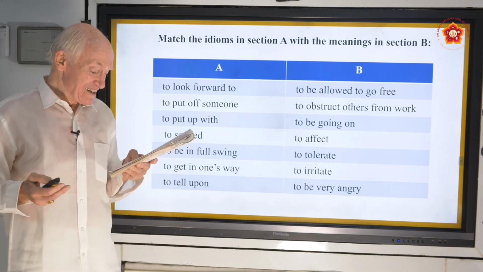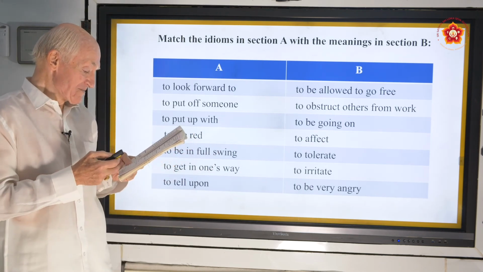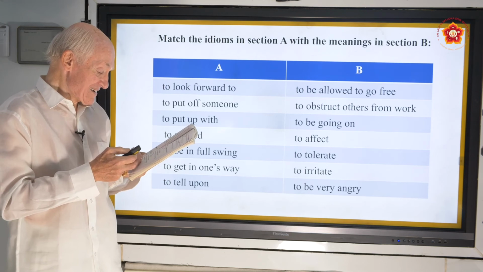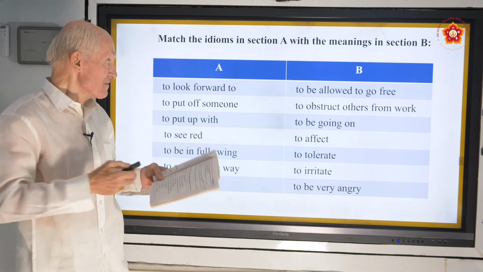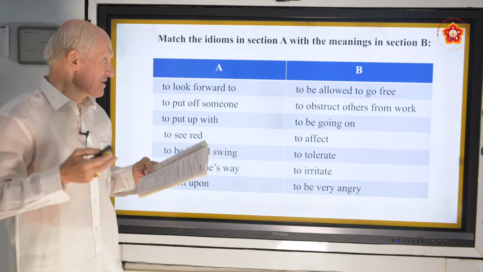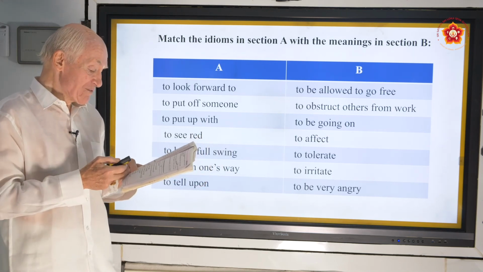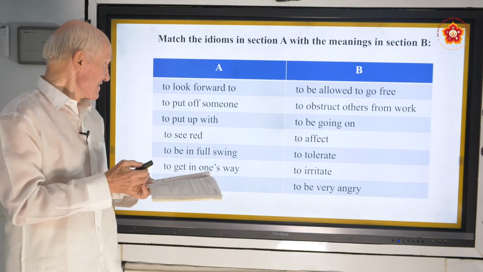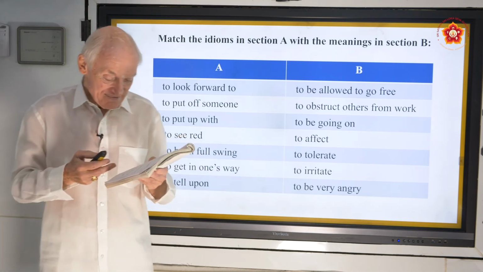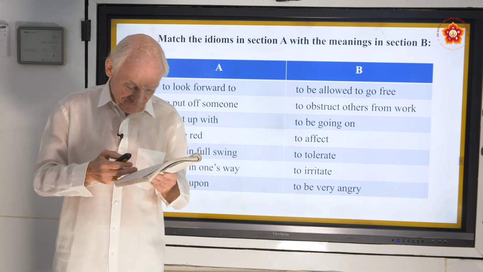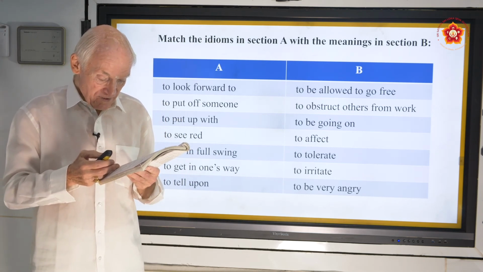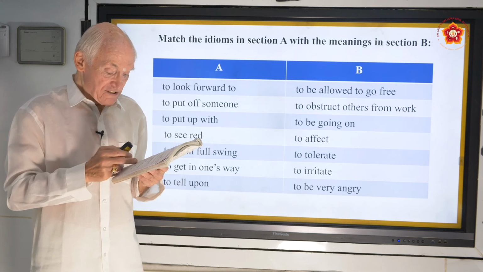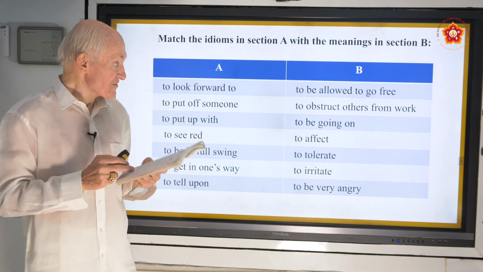Okay, to be in full swing. Okay, to be in full swing is to be going on. I'm working with other people, I'm going ahead. To get in one's way, okay? To get in one's way, the right one here is to obstruct others from work.